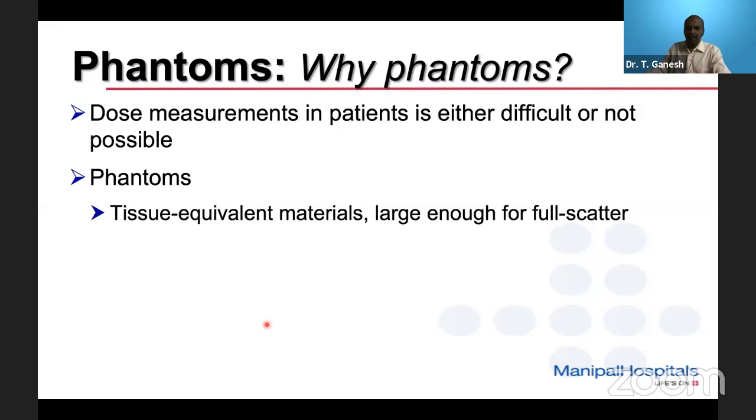The answer is simple: dose measurement in patients is either difficult or not possible at all, because we cannot keep chambers or other detectors at each and every point of the patient. So we have to use phantoms made of tissue equivalent materials that are large enough to produce full scatter, like the way we will have in patients.